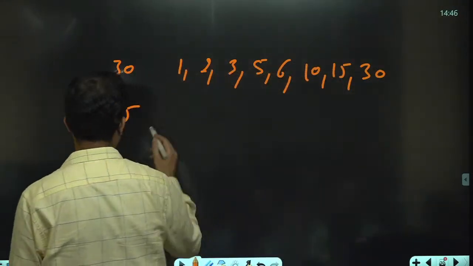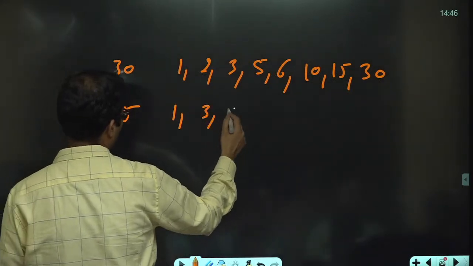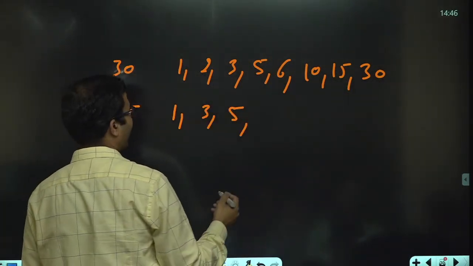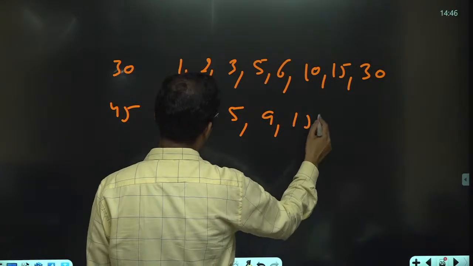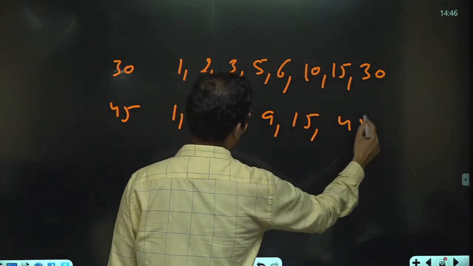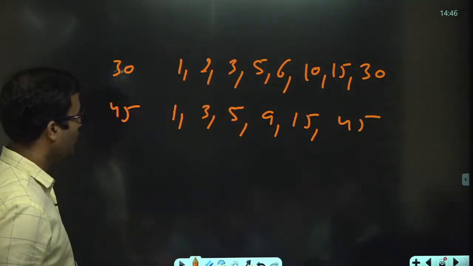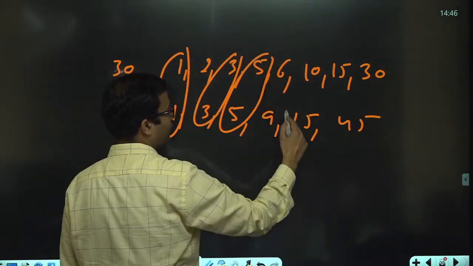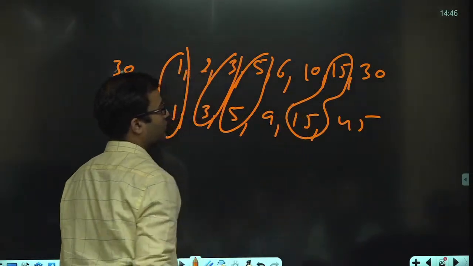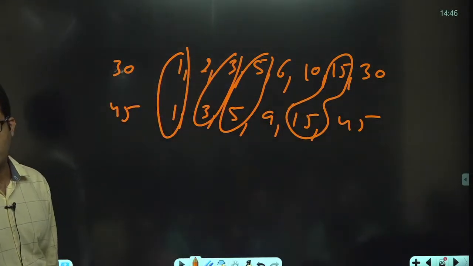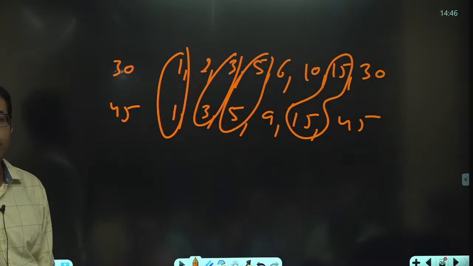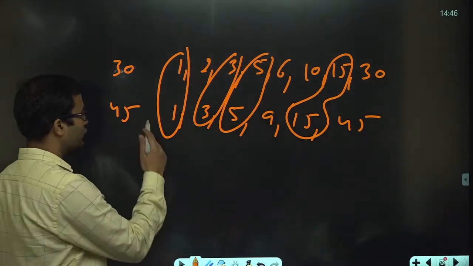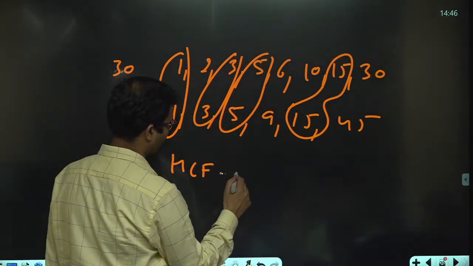What are the factors of 45? 1, 3, 5, 9, 15, 45. Common factors 1, 3, 5, 15. Out of these, what is the highest common factor? 15. So these two numbers have HCF 15.